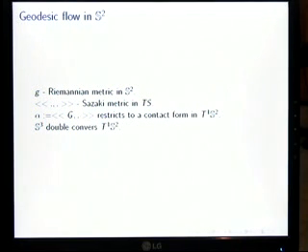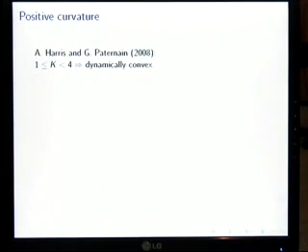It gives a one form which restricts to a contact form in the unit tangent bundle. And so there is this double cover of S3 to the T1 S2, and so you can lift the one form which will give a tight contact form, and you can study the geodesic flow up in S3.